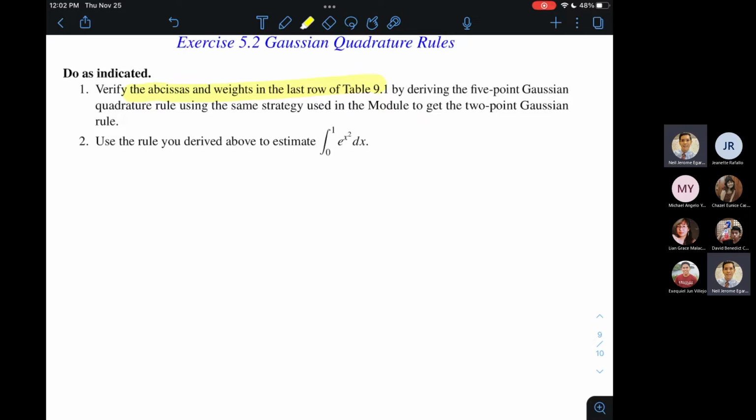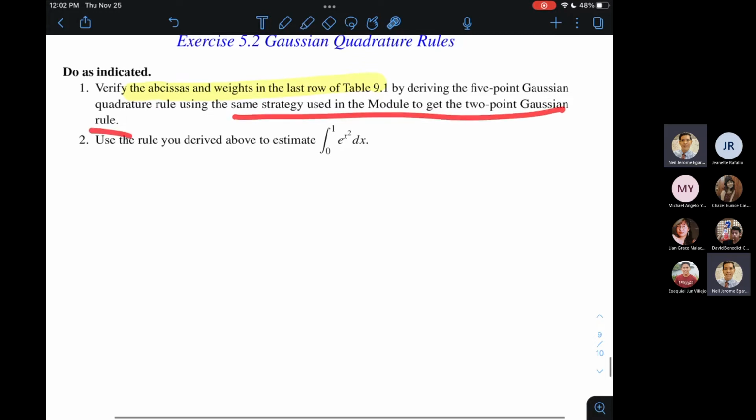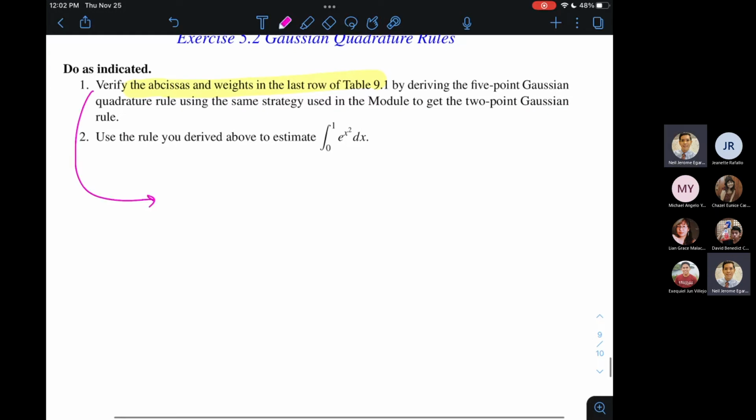Kaya lang, hindi ninyo pwedeng gamitin sa part 1 yung Legendre polynomials. Kasi kailangan ninyong gayahin yung same strategy na ginamit sa pag-derive ng 2-point Gaussian quadrature formula. Dahil 5 points yung gusto mong i-derive, magkakaroon tayo ng 10 unknowns.